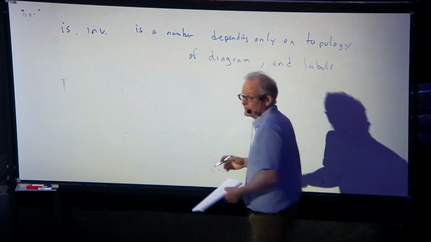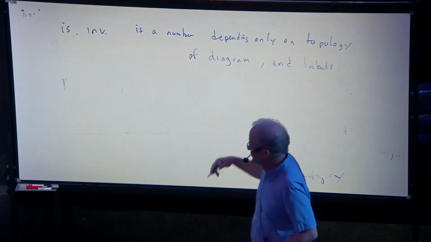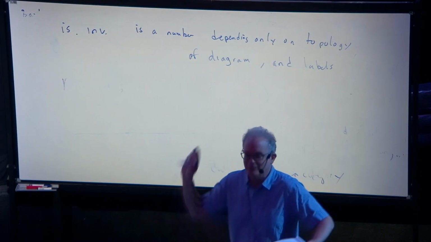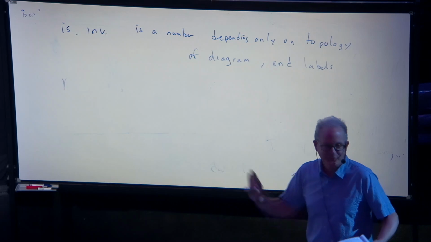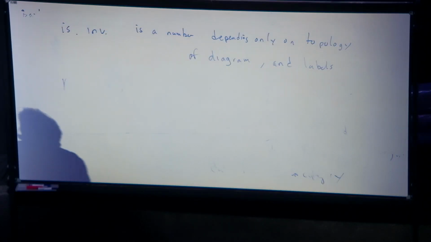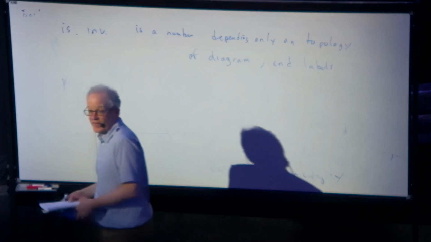So it's like a knot invariant, if you know what a knot invariant is. But the catch is because we've got the labels, that's why it's isotopy and not topological. That's all those words mean. So hopefully not scary. In other words, if I stretch this picture, I would get the same thing. So that's why it's topological.